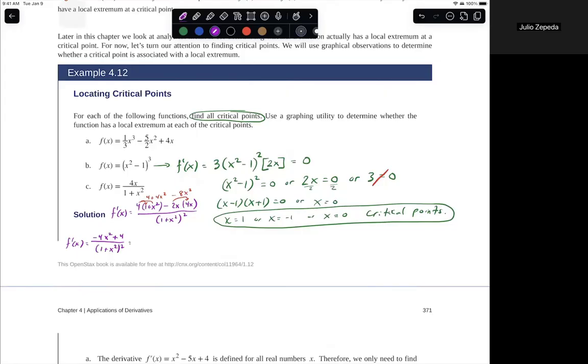Now, if we factor out a negative 4 from the numerator, we get x squared minus 1 over 1 plus x squared squared. And we can factor, that's already a difference of squares that's come up in the previous part. This is x minus 1 on top times x plus 1 divided by 1 plus x squared squared.